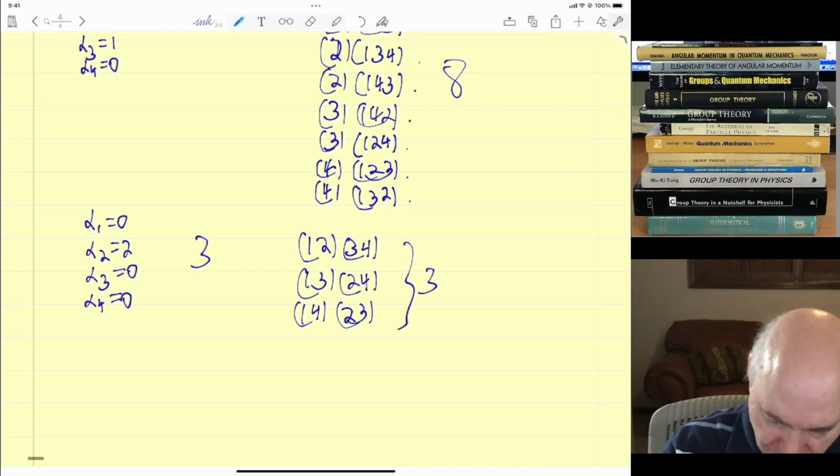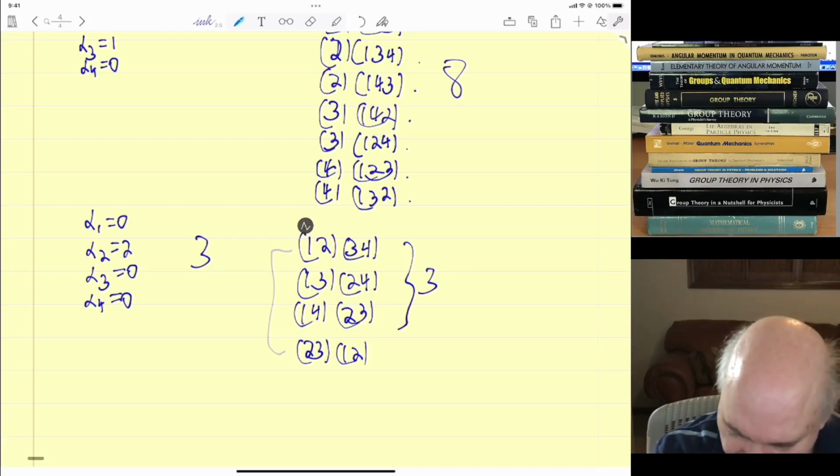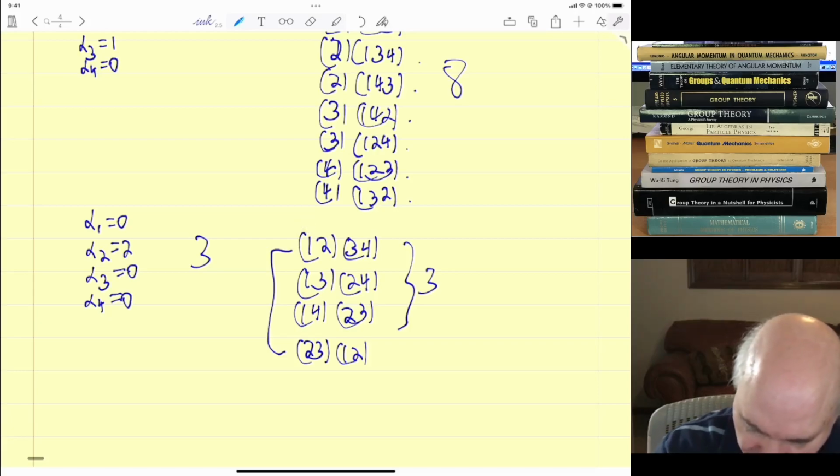You might think, well, why can't we have 2 3 1 4, let's say? And that's just the same as this, because order doesn't matter when we write down disjoint cycles. So there's only 3.